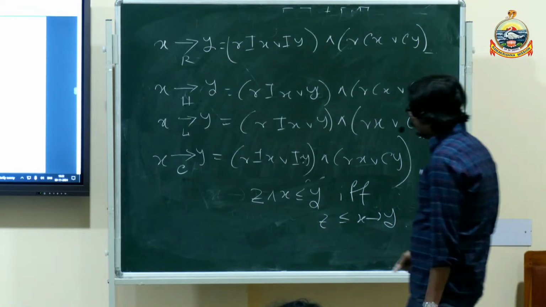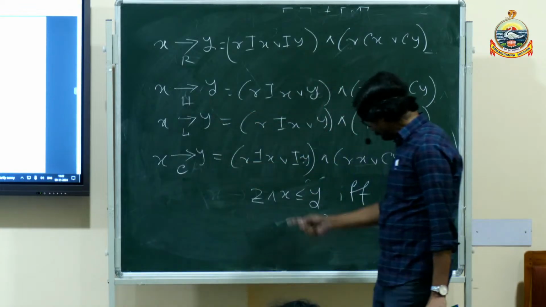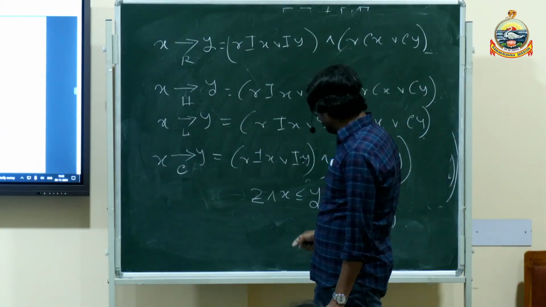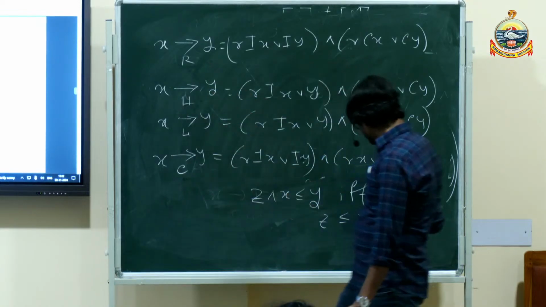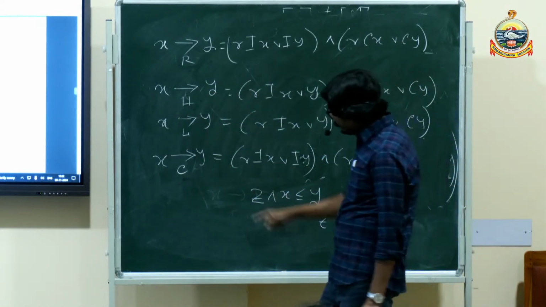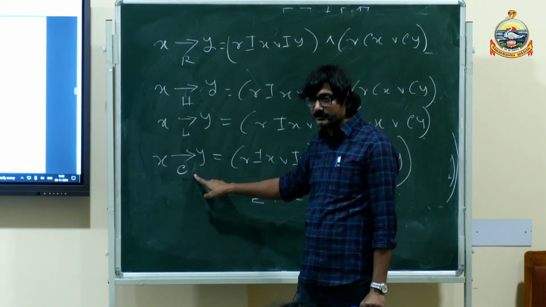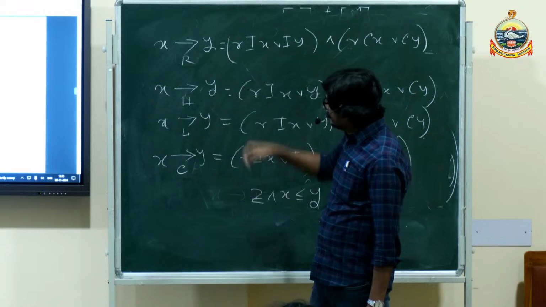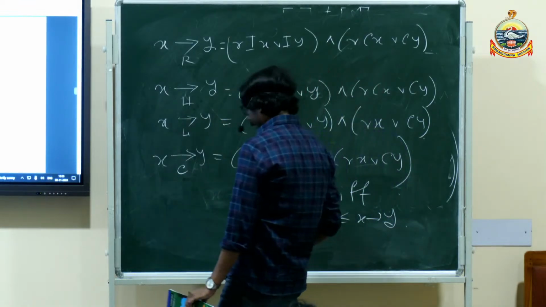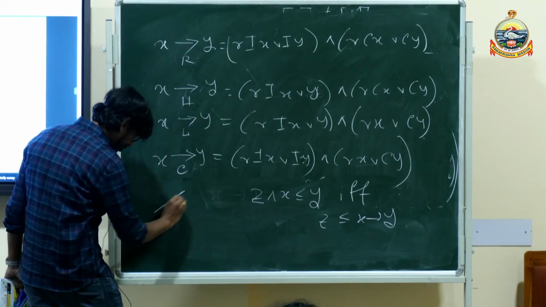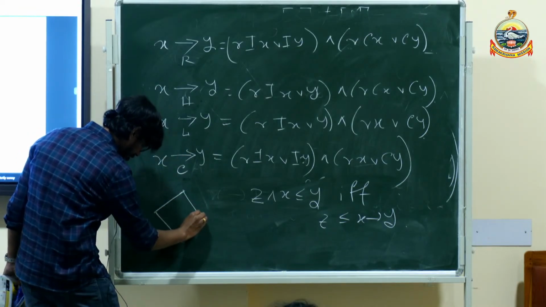So with respect to this implication, the if and only if part is going to be satisfied. With respect to this implication, the backward side is satisfied. With respect to this implication, the forward side is satisfied. With respect to this implication, none of this is satisfied. And there is a very beautiful relationship among these implications, like this.